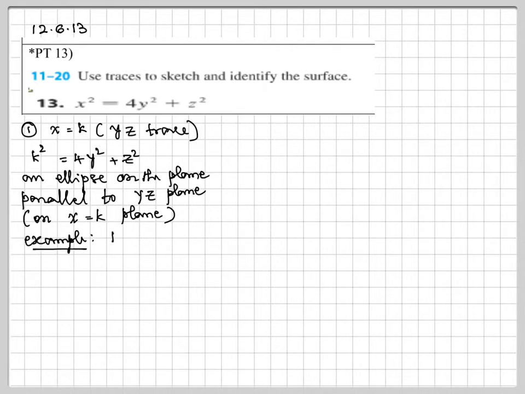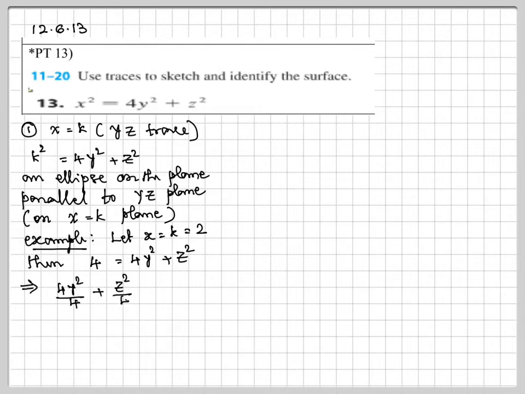As an example, we will give a value for k, let's say k equals 2. So we are looking at a plane parallel to the yz plane at a distance 2 from the yz plane, on the x-axis. Plugging in k equals 2, we get k squared, which is 4, equals 4y squared plus z squared.